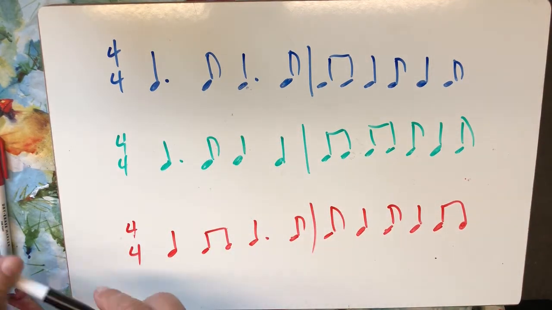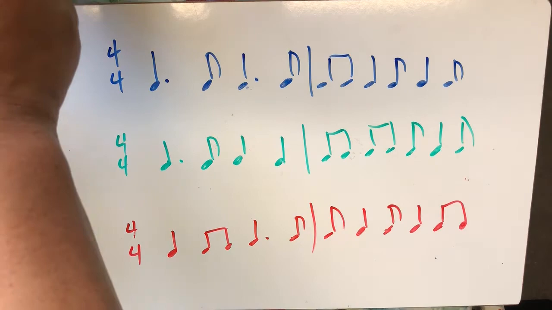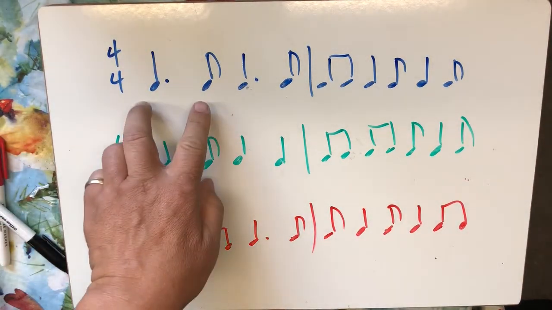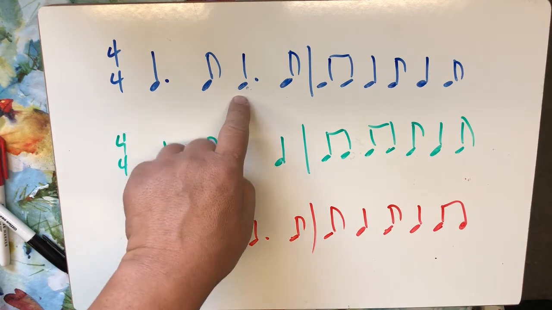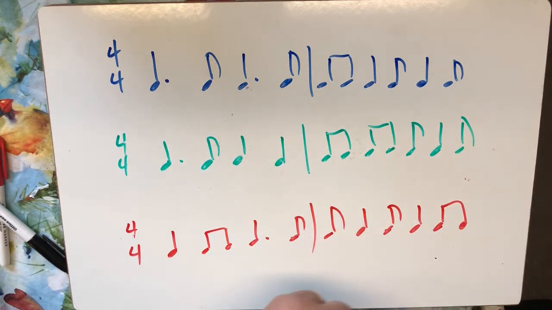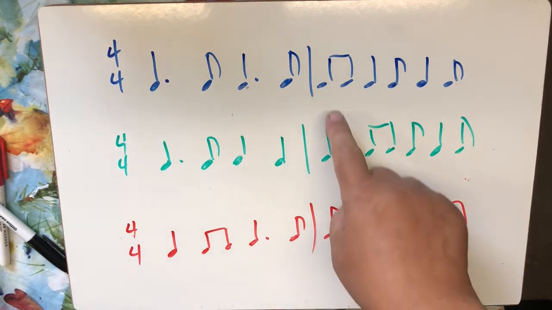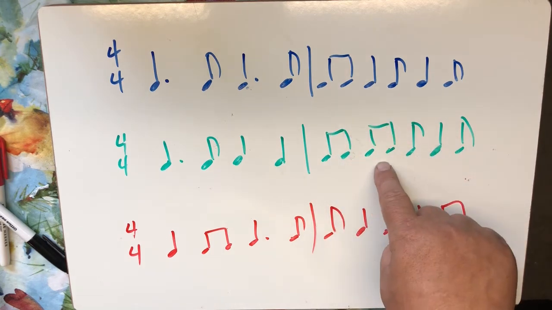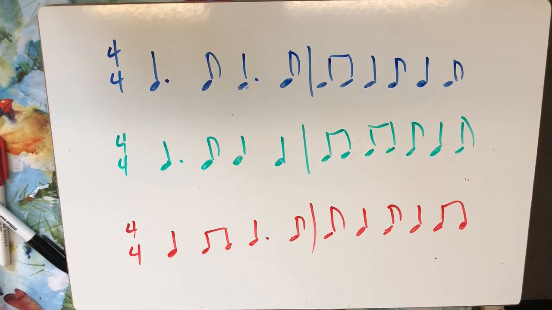I'm going to play them all for you just so you can hear them. Listen and look for the differences. The first one's going to have long, short, and then a bunch of stuff, right? And here you'll be able to tell that there's two of these, but not another one that's quick right there. Here's the first one. Okay.